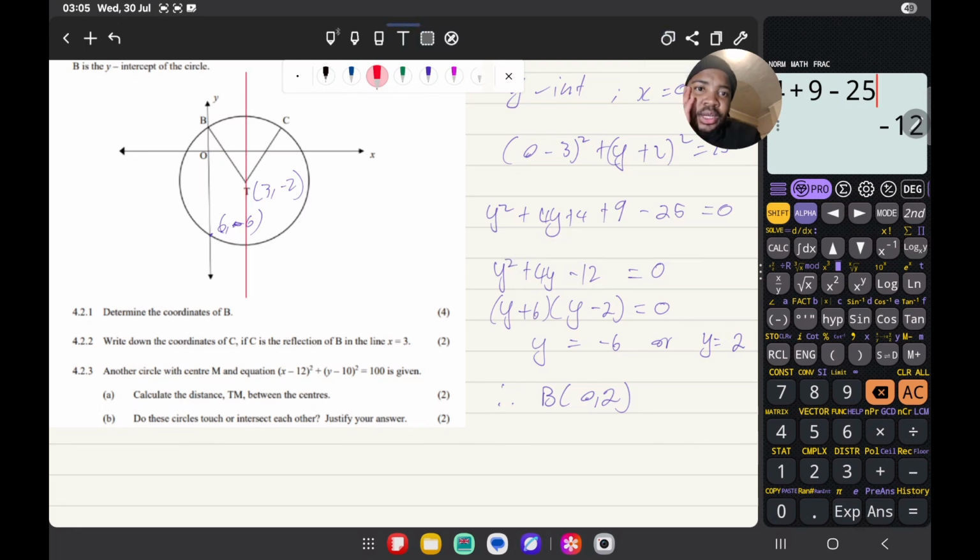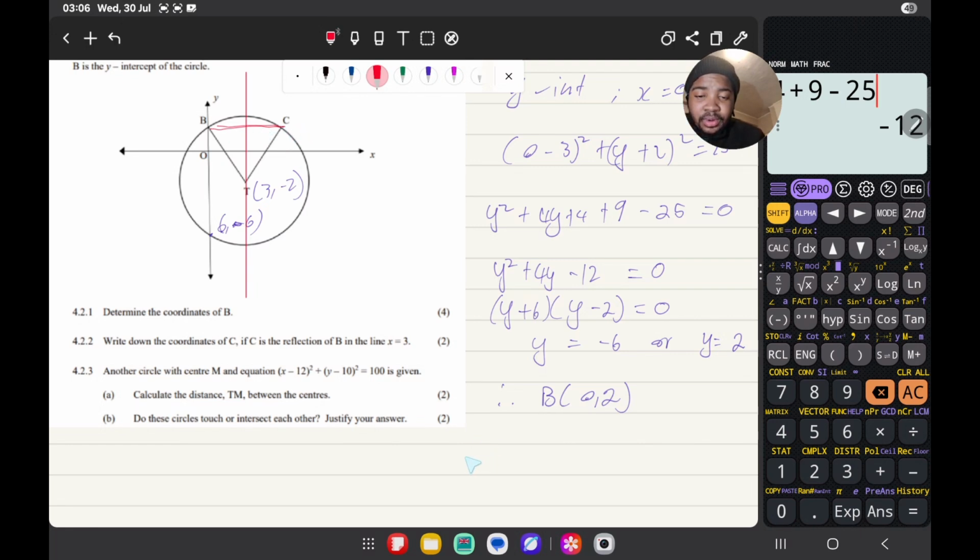So they say now we have that straight line. If you're aware, that line divides our circle into 2 equal sides. They write down the coordinates of C if C is a reflection of B along the line y equals, so that means here we're going to have the same value of y, right?